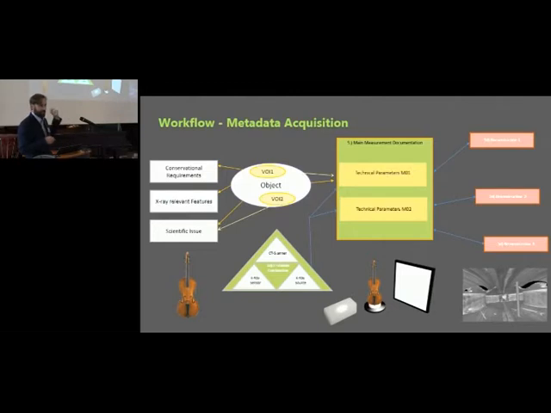So the measurement can take place when all this information is collected, and then the technical parameters can be set. So then the technician says, okay, we choose this energy, or we have to find a way because the instrument cannot be put in a tilted position because of conservational reasons, so we have to find a different way to measure it, for example. And then at the end you have the algorithms of action.